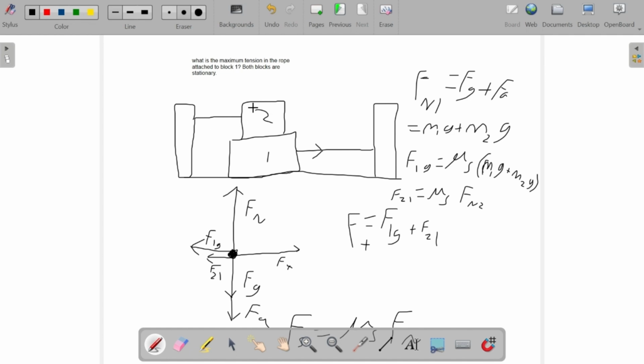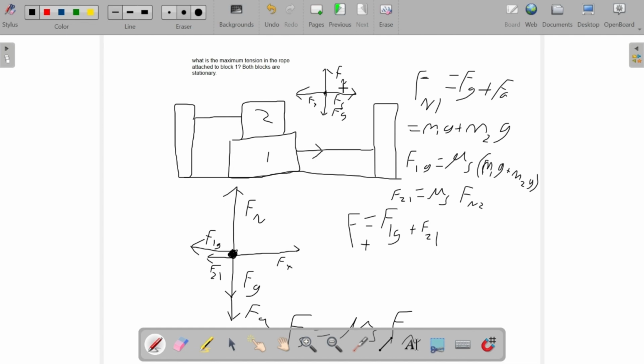Fn2 is just, for this one, if we were to make a little force body diagram for it, the forces acting on it are tension this way, friction this way, actually, yeah, I just had to think of it for a second just to make sure. And Fg this way, and normal force this way.